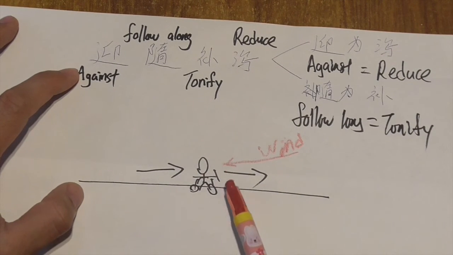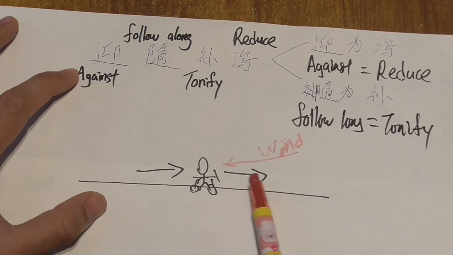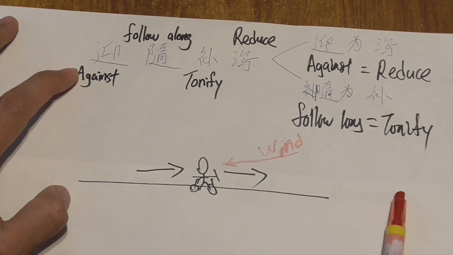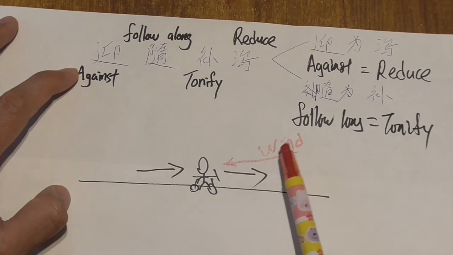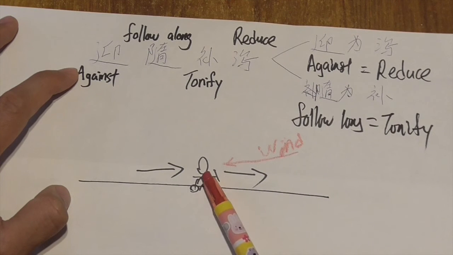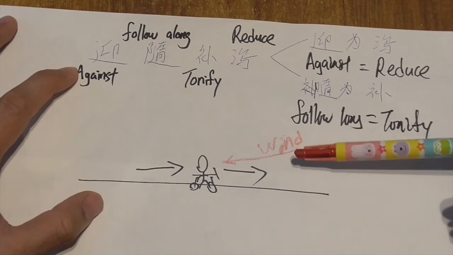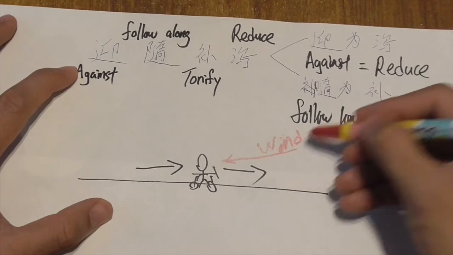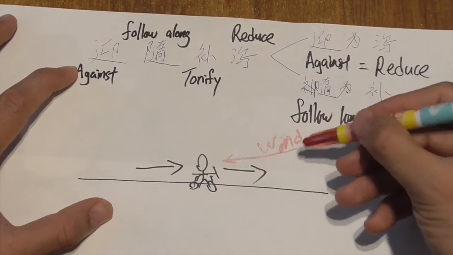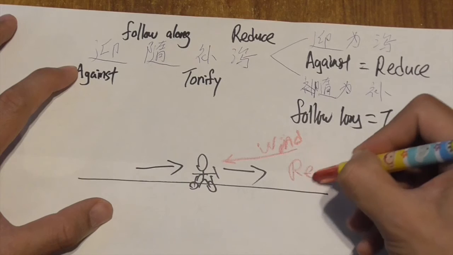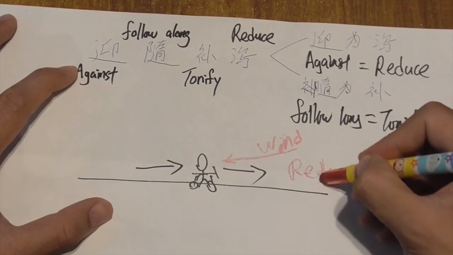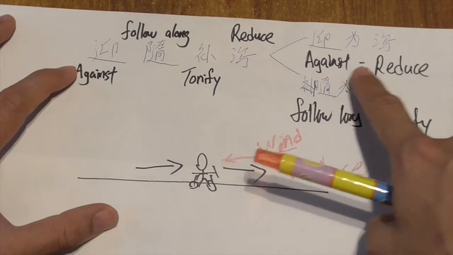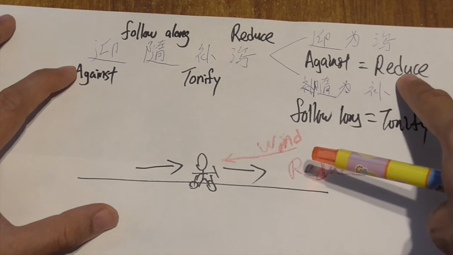You have to ride very hard and it is very difficult to go forward. The wind is against you, so when it blows in your face, it reduces your speed. So that is against equals reduce.